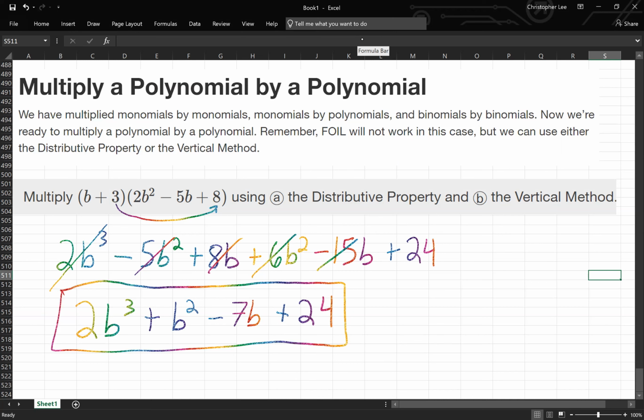Questions on this? Anybody? This makes sense?